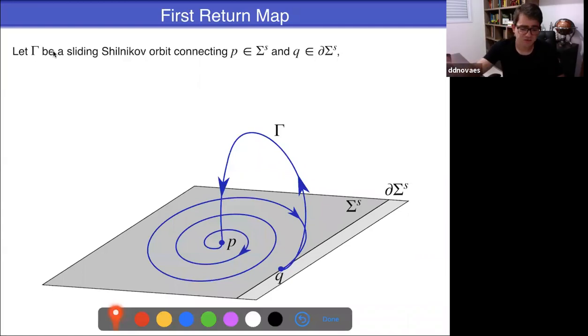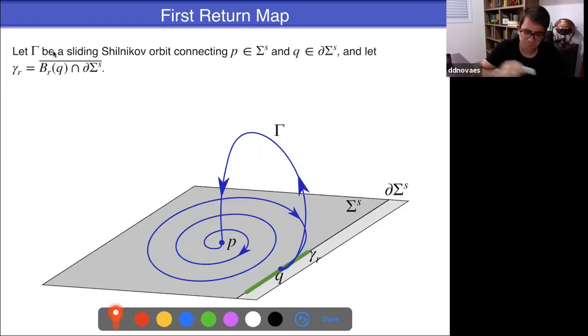So we start with a Shilnikov connection, and we take a small neighborhood of this fold regular point in the line of tangents. Okay, since it's a fold regular point, we can take this neighborhood sufficiently small in order that every point in this neighborhood is also a visible fold regular point.